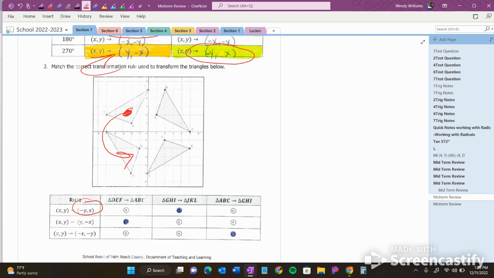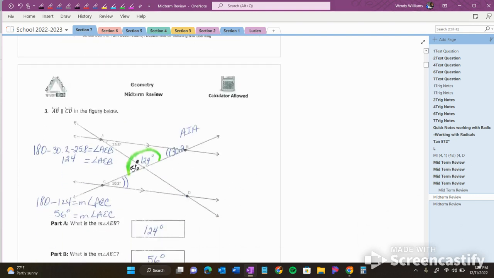And then if you look at the rule on the next one, it's switch and change the second, which is 270, which would come around and put me here. And then the last one's a 180 degree rotation, which is simply from here across. Okie dokie. Those aren't that hard, but you have to know the rules.